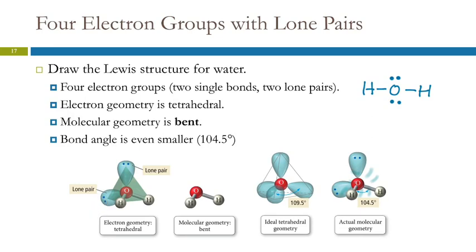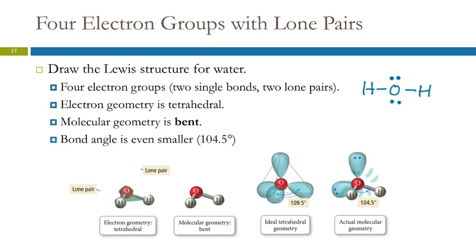So when we talk about the molecular shape, we pretend that those are invisible balloons. We can't pop them. It's not that they aren't there, but they are invisible. And so the molecular geometry, we are only looking at the atoms. So we've got a super fancy name for that one.